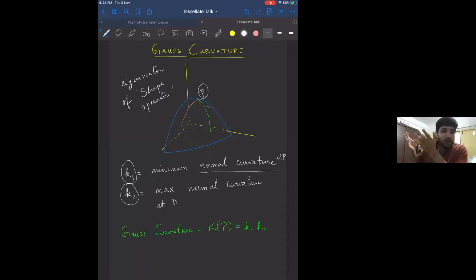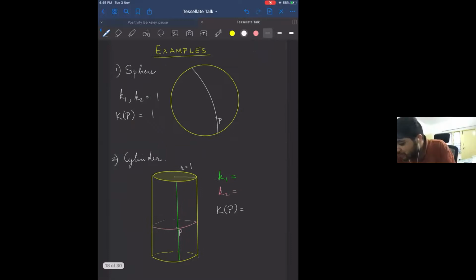So clearly the normal part for things that are not straight lines is going to be smaller or larger than the minimum quantity and smaller than the maximum quantity, right? So it's best to just look at all possible straight line paths. So on a sphere, it's quite easy to calculate that the normal curvature will be just 1. I'm looking at a sphere of radius 1, so the normal curvature will just be 1.